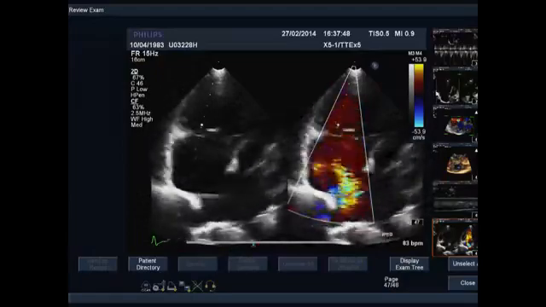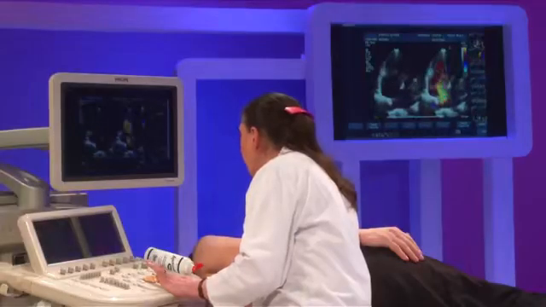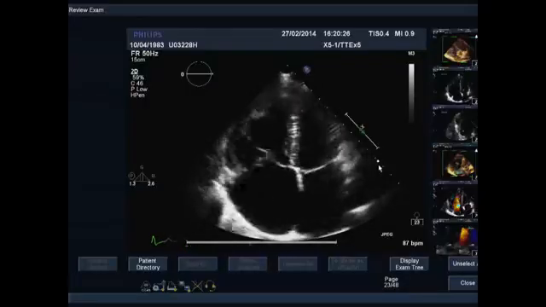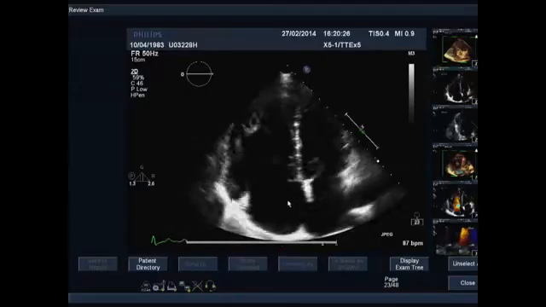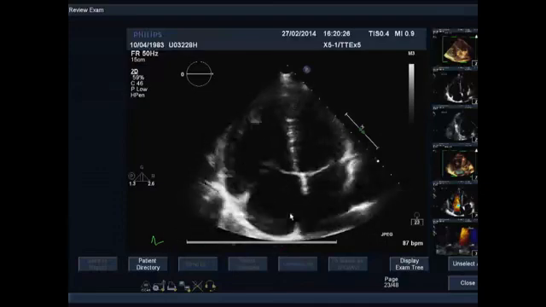But I would like to go back one second to the regular 4-chamber view, without moving my probe, just to show you the difference between the ostium secundum and the ostium primum. As you see here, the ostium secundum is located just in the middle of the atrial septum.